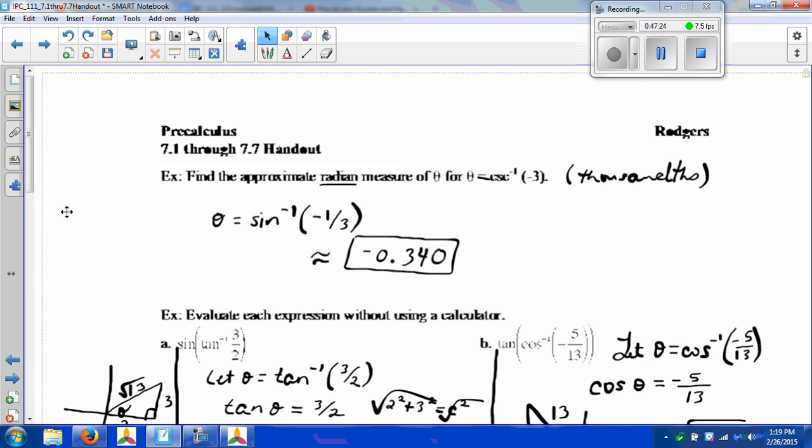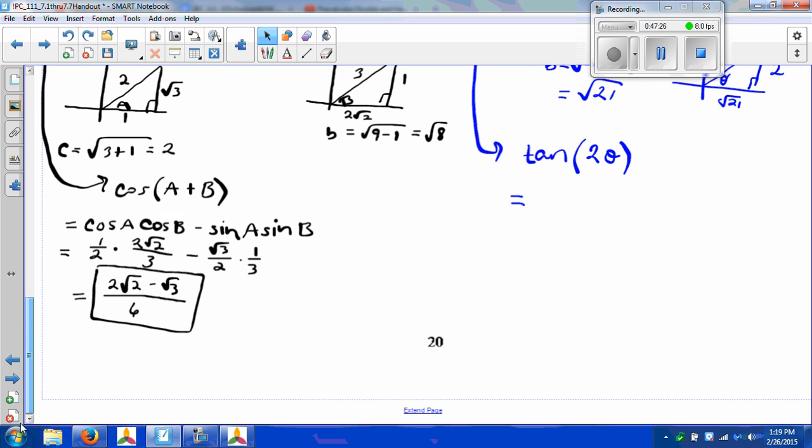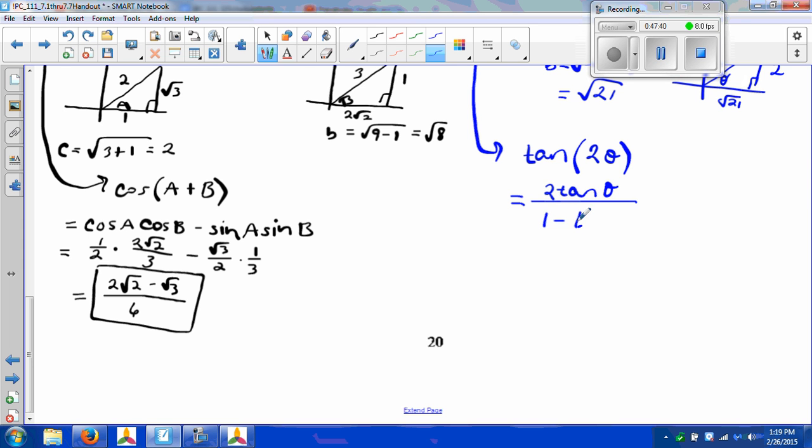So it's 2 tangent theta over 1 minus tangent squared theta.